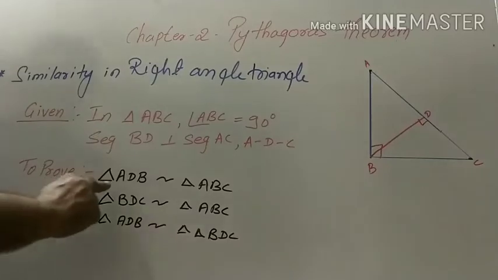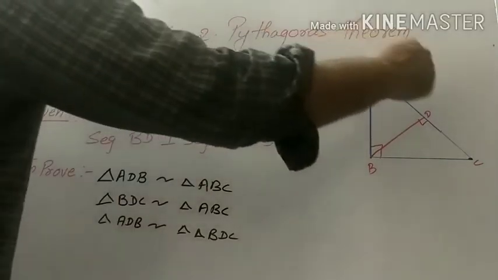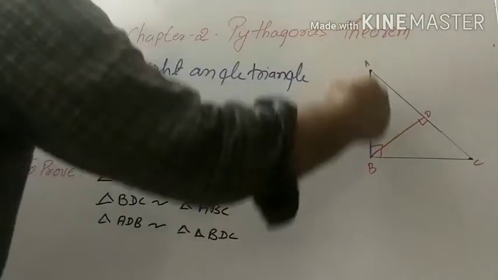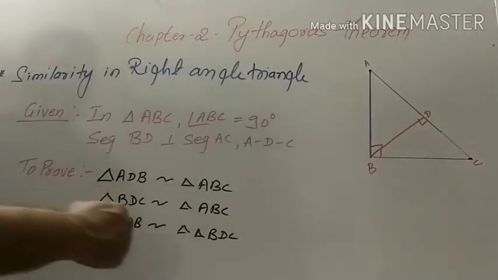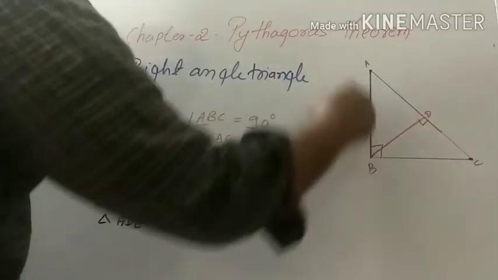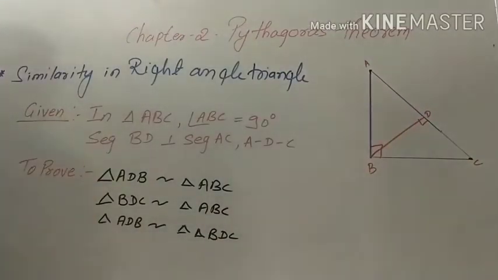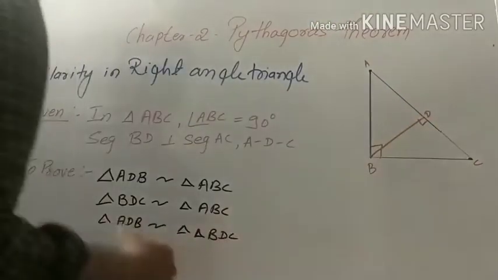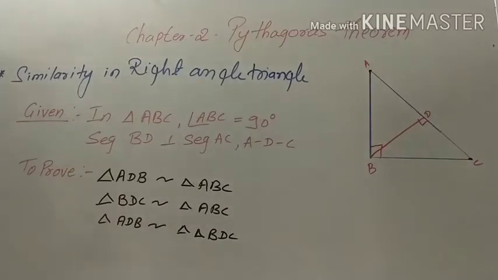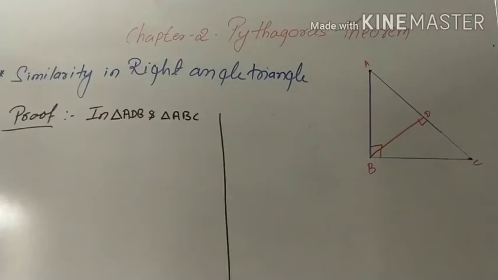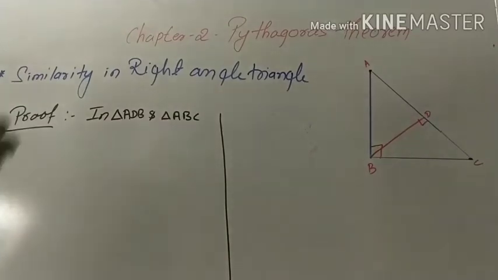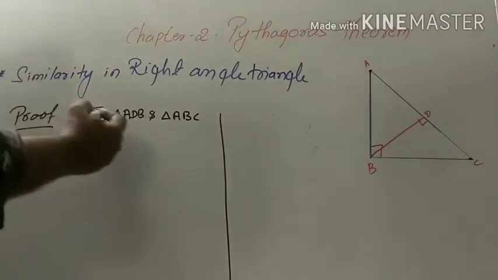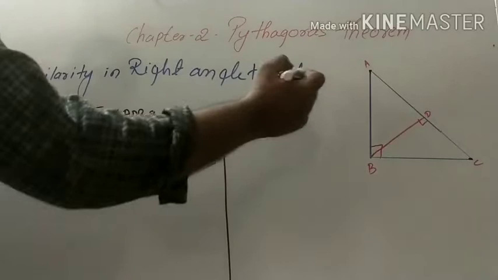Now what to prove? To prove triangle ADB similar triangle ABC, triangle BDC similar triangle ABC, and triangle ADB similar triangle BDC. So first we take triangle ADB and triangle ABC.